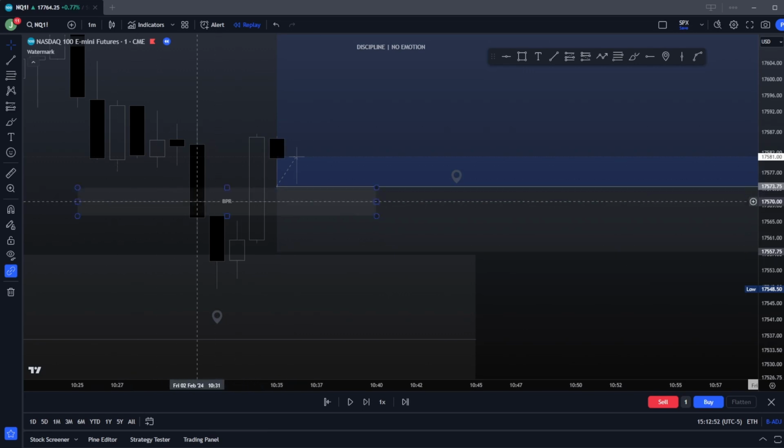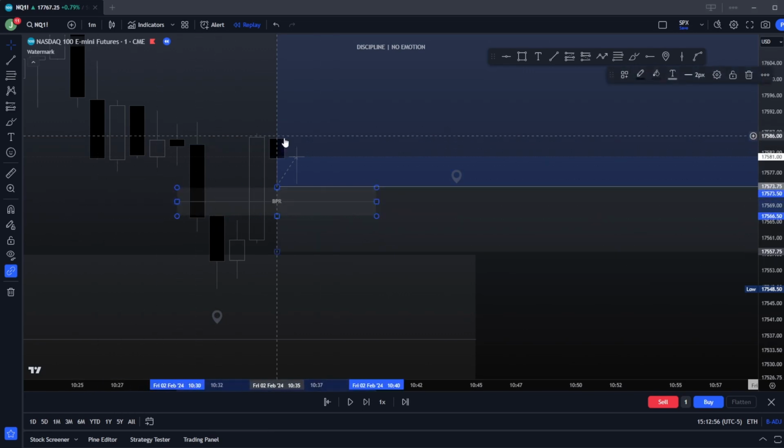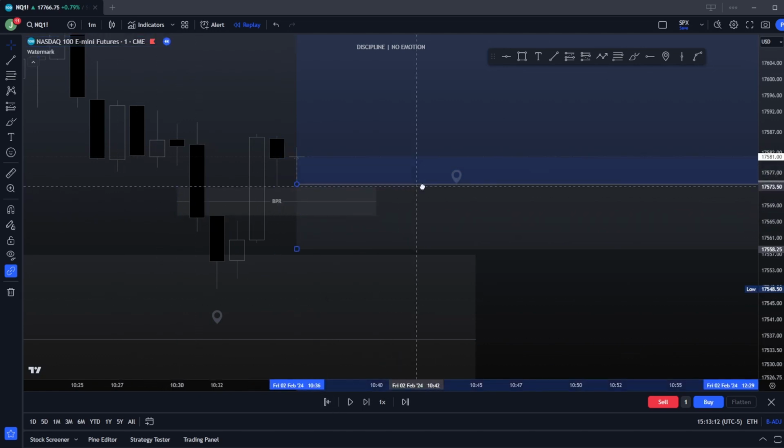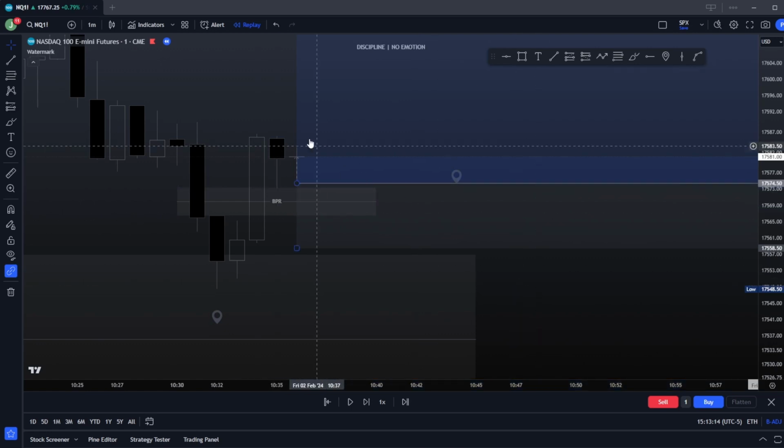Yeah, as soon as I see this BPR get created, and that's created after this 3rd candle, this black one, is created, as soon as I see that gap, I'm in. Yes, exactly. And I actually marked this wrong, but I actually entered when I saw this candle push down.